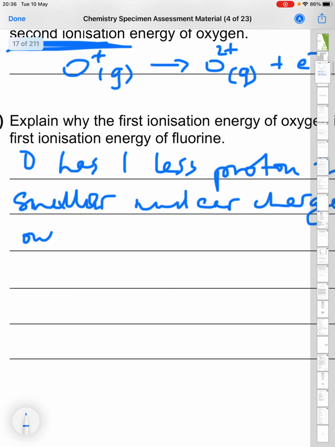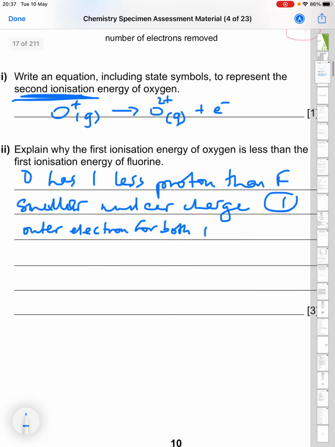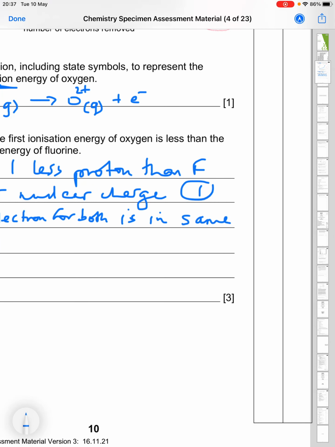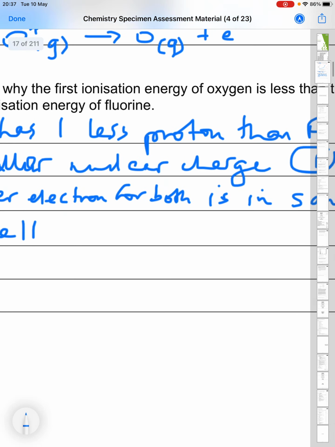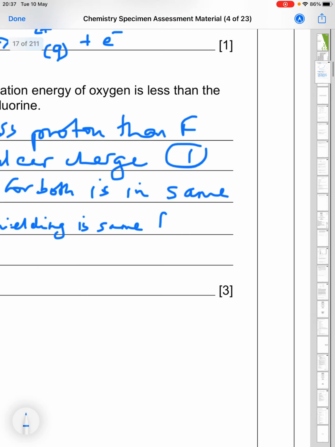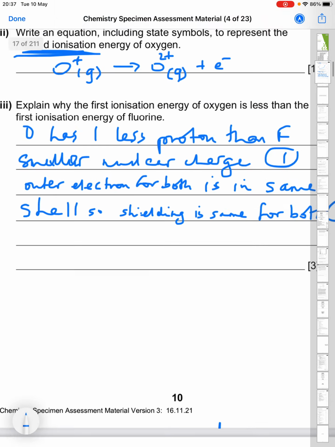The second mark is for saying that the outer electron for both is in the same shell. And that means that shielding is the same for both. That's your second mark.